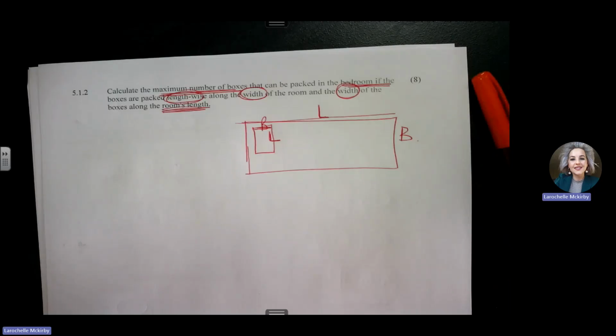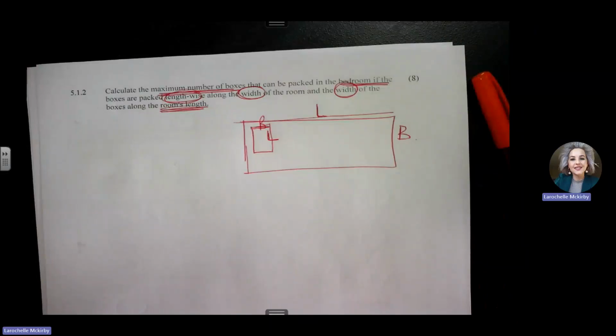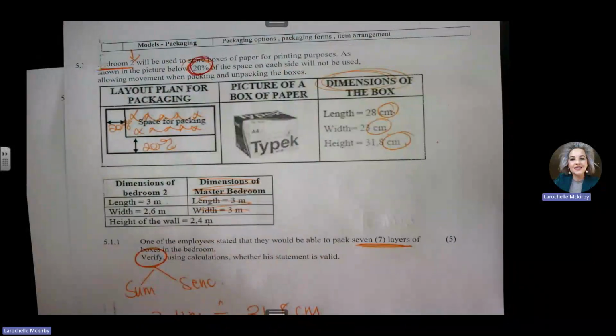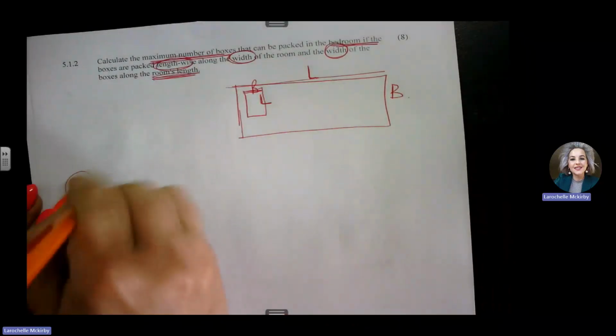So I think this is quite important for you to read for packaging to make sure that you have the correct way of packaging it. And now, before we can start, what did we read that is important? We read about the 20%, the 20% space that needs to be there. So let's start with the length of the room.